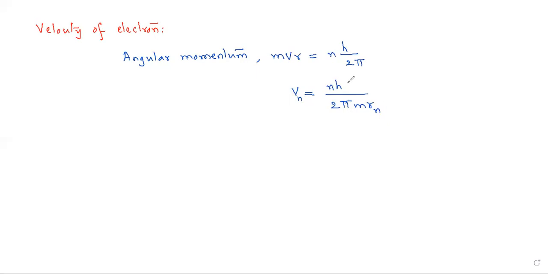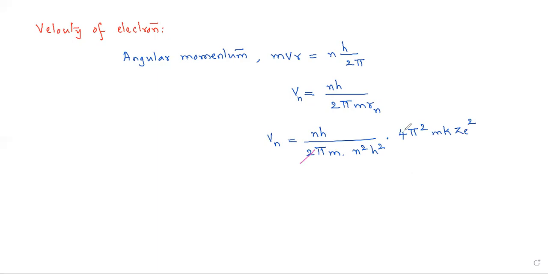Now let us simply substitute this rn here. We know that the expression is vn is equal to nh by 2 pi m rn. rn can be written as n square h square by 4 pi square m k Z e square. Right?